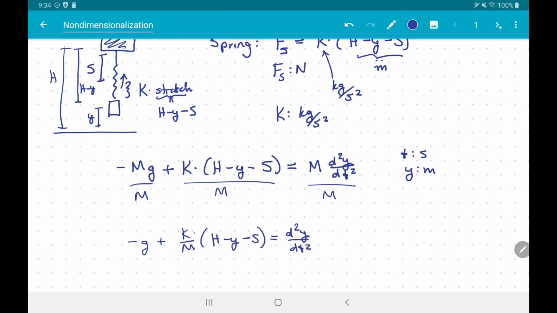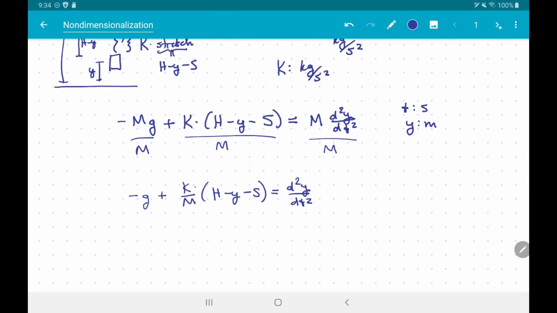The reason for doing that is that at this point, the only place that kilograms, mass, appears in this equation is right here. K is in units of kilograms per second squared, and m is in units of kilograms. So the kilograms, the mass part, is entirely contained here, and it actually cancels out. So everything left is just length and time.